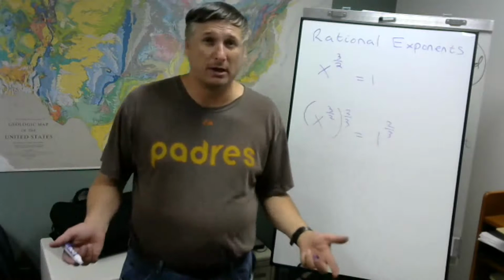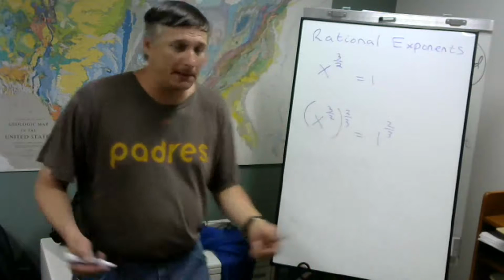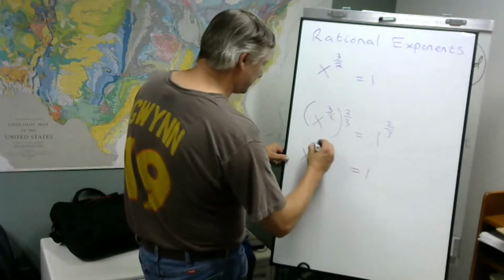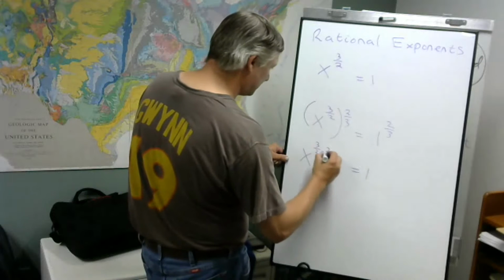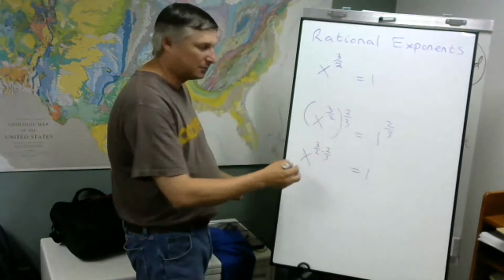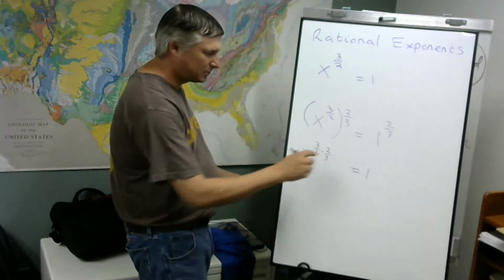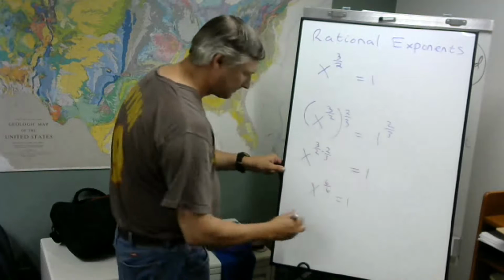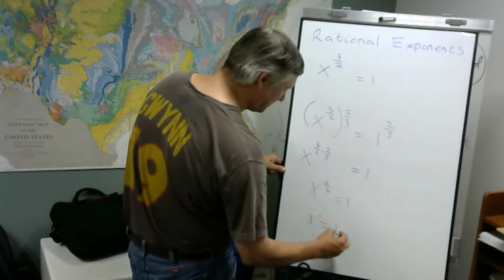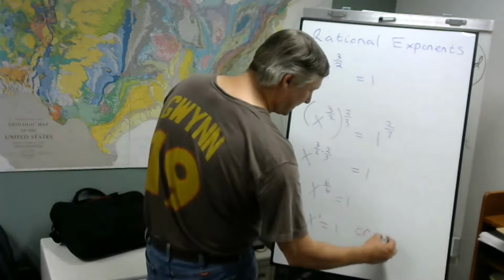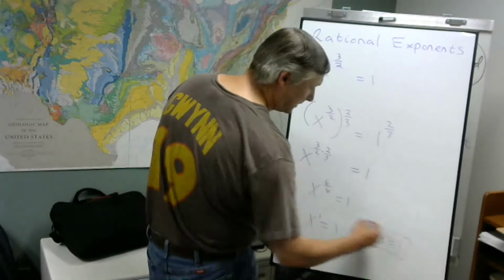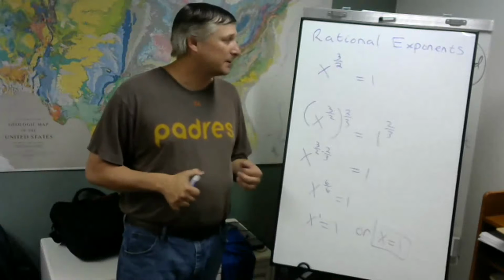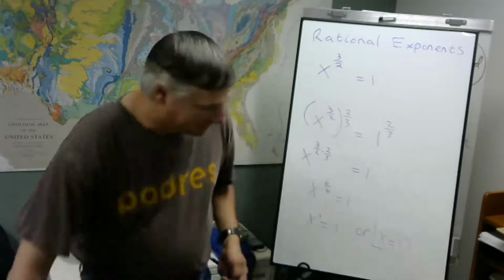The cube root of 1 is just 1, and if you square 1, you just get 1. But these exponents, as they multiply together, this just cancels. 3 times 2 is 6. 2 times 3 is 6. So we get x to the 1 is 1, or x equals 1. So that's going to be our approach with these rational exponents. So let's take a look at some others.